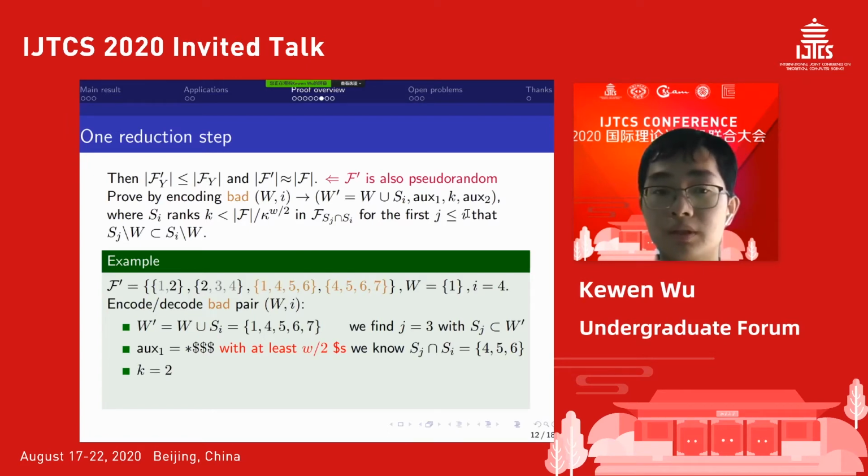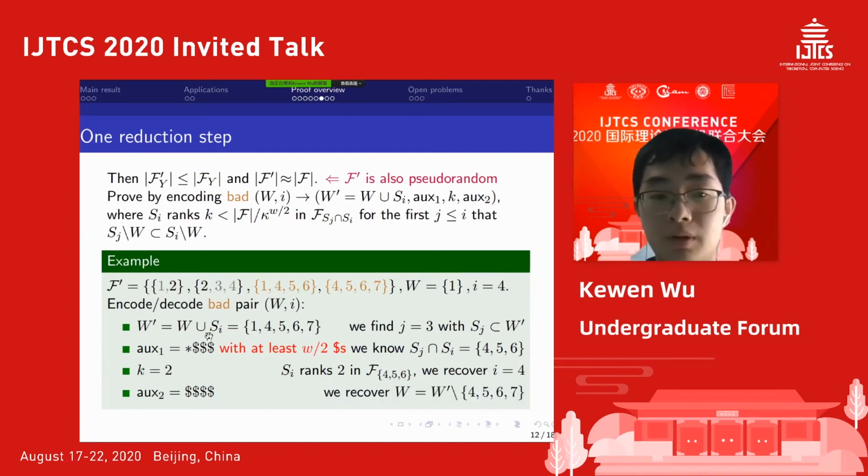Then the encoder provides an index 2, and the decoder will know that Si ranks 2 in the link of 4, 5, 6. From this, we recover the index i equals 4. The last auxiliary information is $4, which represents the Si part of W prime.